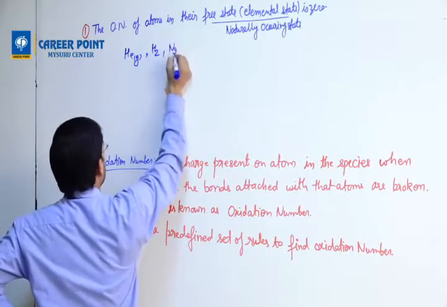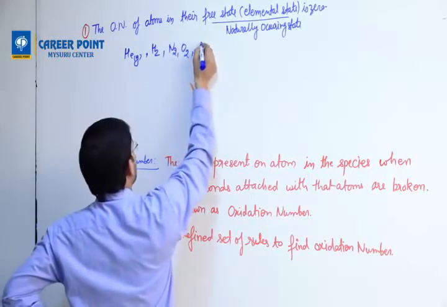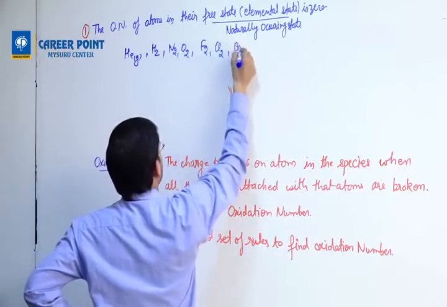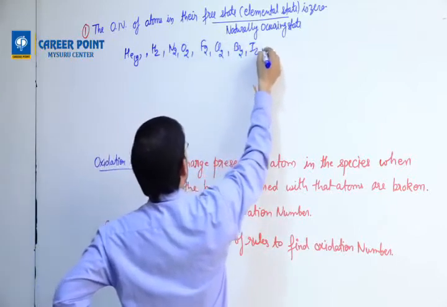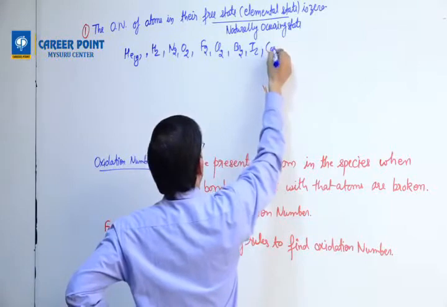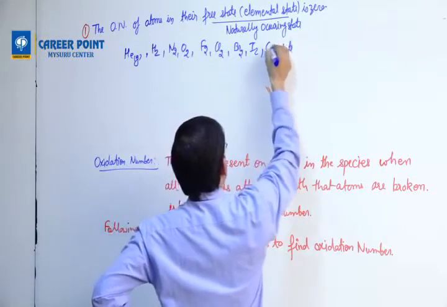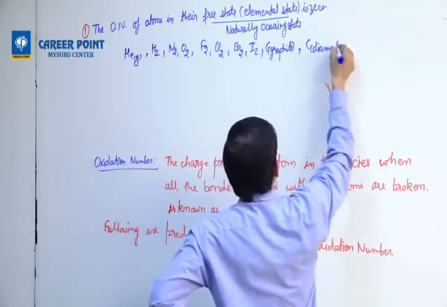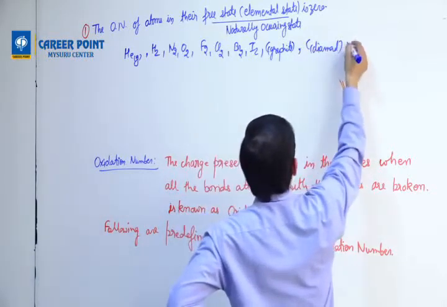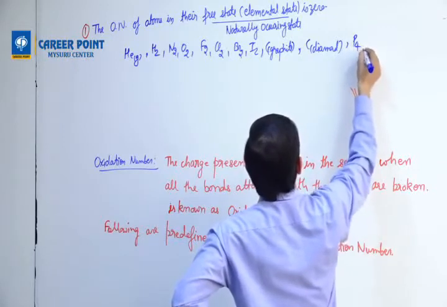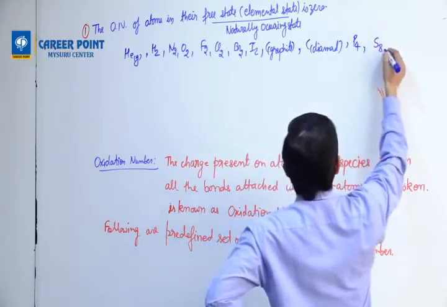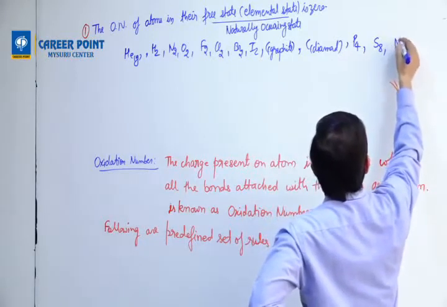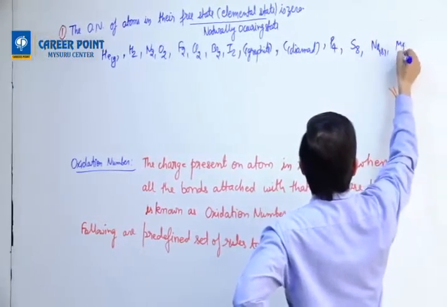Like that, N2, O2, F2, Cl2, Br2, I2, carbon graphite, carbon diamond, P4 phosphorus, sulfur S8, solid sodium, solid magnesium.